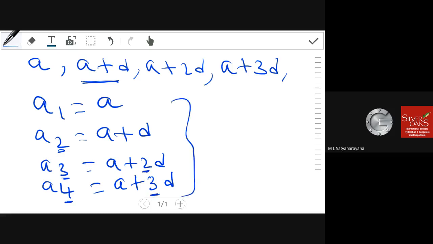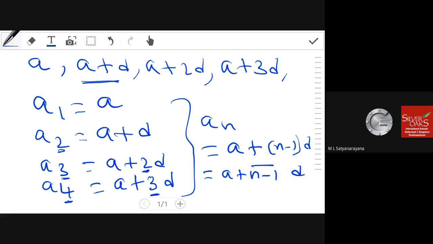Now, if you want to generalize to some nth term, the formula will be a plus, I repeat again, the fourth term has 3d, the third term has 2d, so the nth term will be a plus (n minus 1) into d. Let me write it more clearly: a plus n minus 1 into d. You can put the brackets here also like this, or like this. It's up to you. Both are fine.